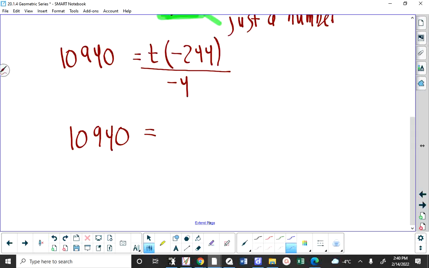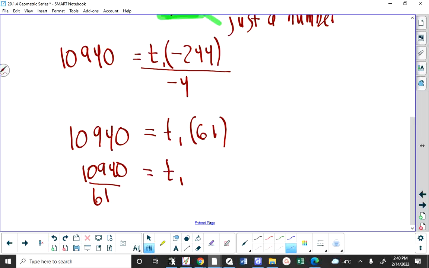Can you divide negative 244 by negative 4 without decimals and remainders? Try it. Probably not going to be a surprise that you get 61, which explains why T1 is 10,940 over 61.